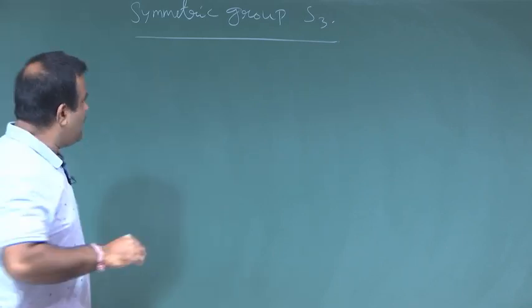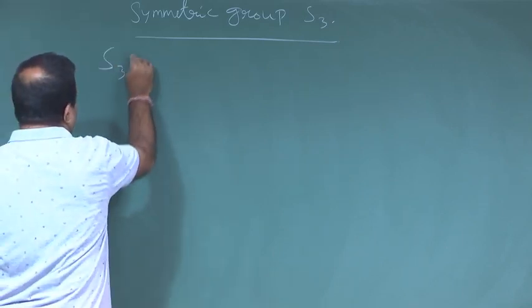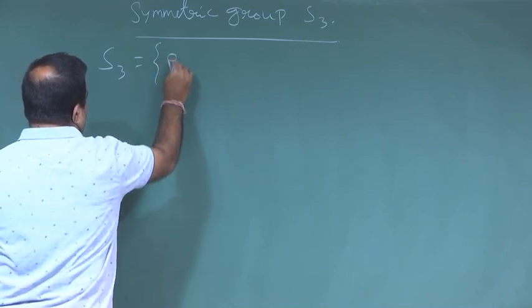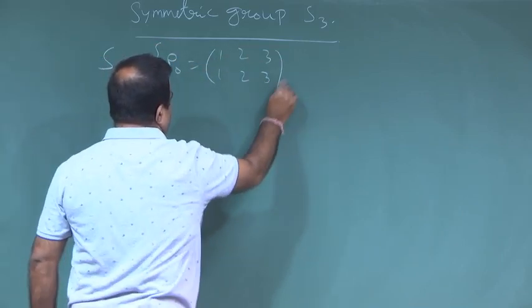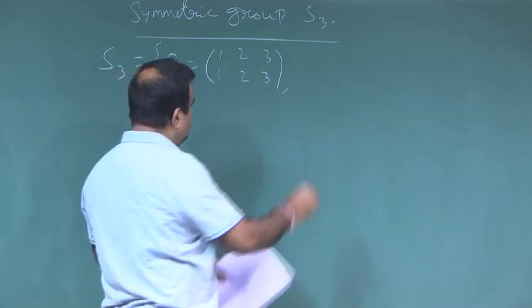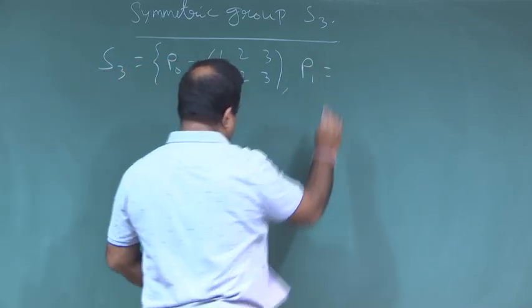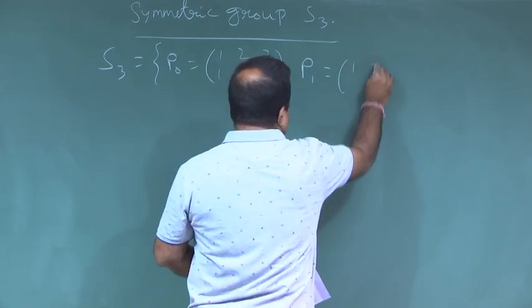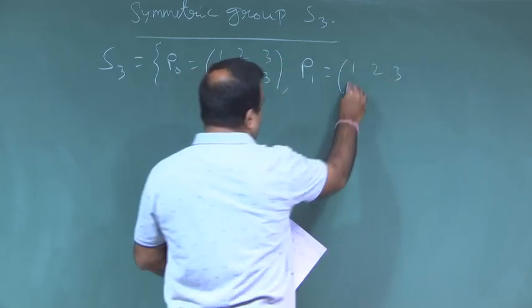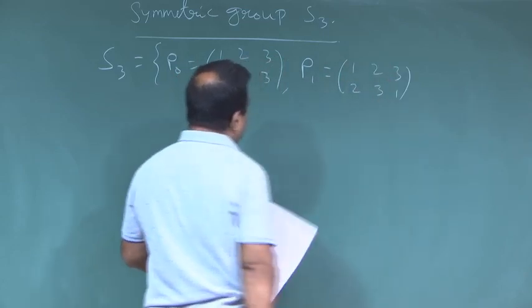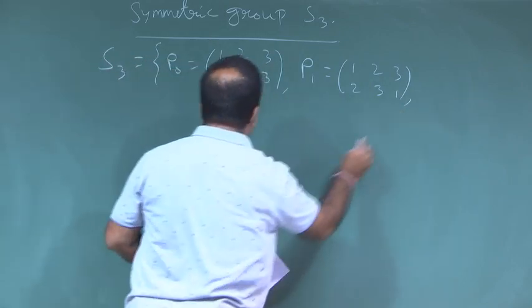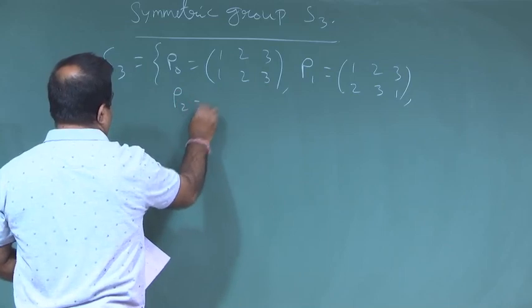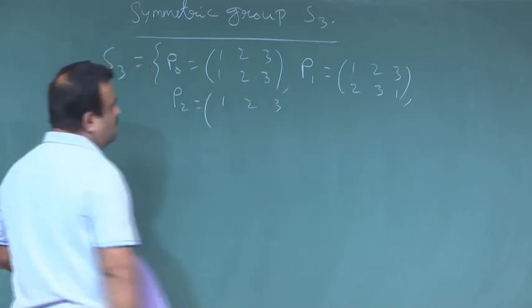Okay. So, how to define this? S3 consists of these permutations. So, this is (1 2 3), this is the identity permutation, then this is (1 2 3) going to (2 3 1), and then all possible permutations.